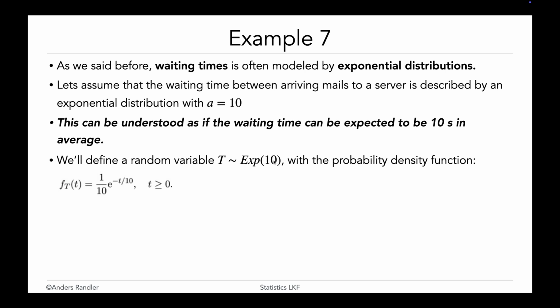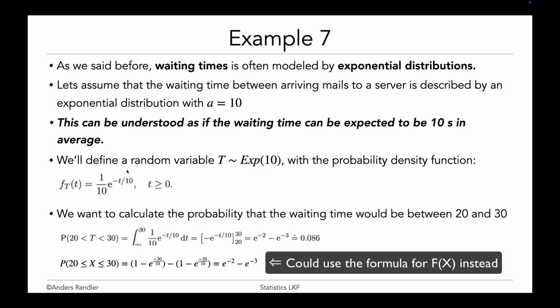And the probability density function will then be, just going by the formula, this. We then want to calculate the probability that the waiting time will be somewhere between 20 and 30 seconds. I will just be using the definition of probability density function and cumulative distribution function, where when you want the probability for t being between two values, you integrate the function between those two values.